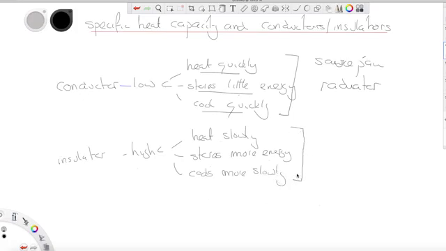And one of the big examples of this would be the ocean. What you have here is a massive body of water, huge amount of water, absorbing enormous amounts of solar energy. But because it's water, it's an insulator, it has a high specific heat capacity, it heats slowly, but it stores a huge amount of energy.